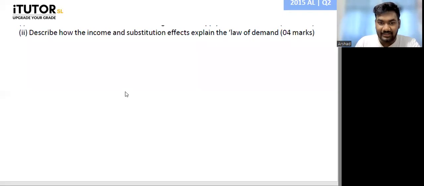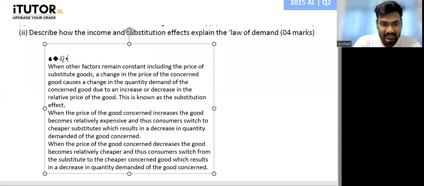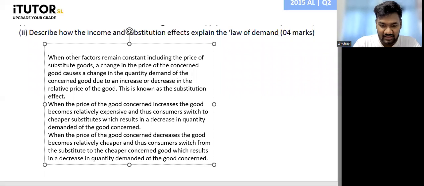So we'll start with the substitution effect. What happened to my... okay, right. This looks a little weird, but okay. Why is my font in another one?